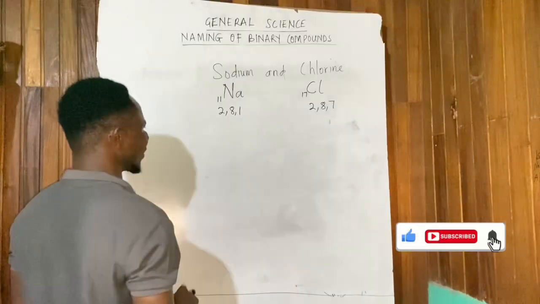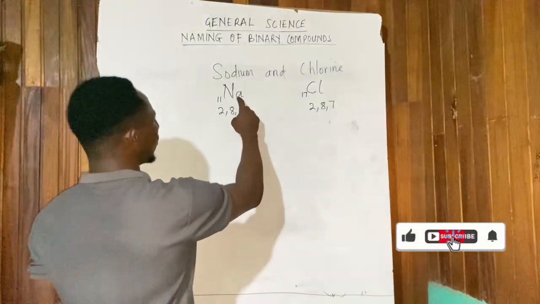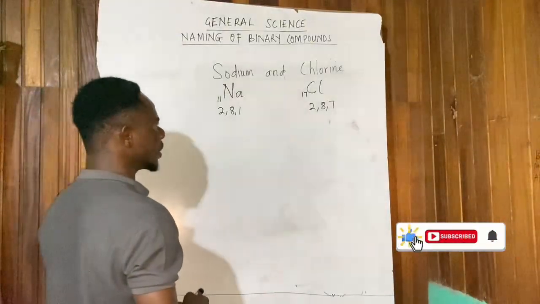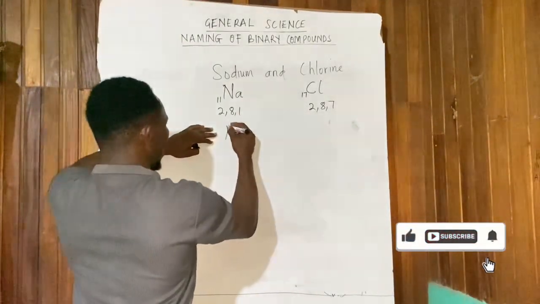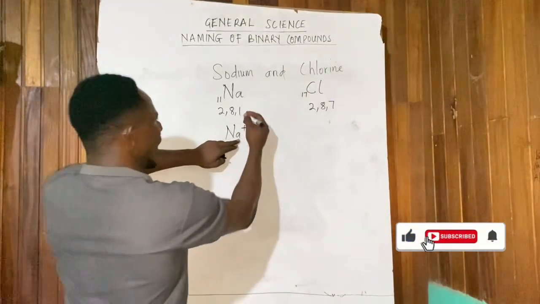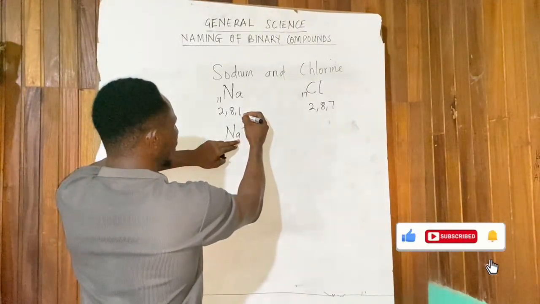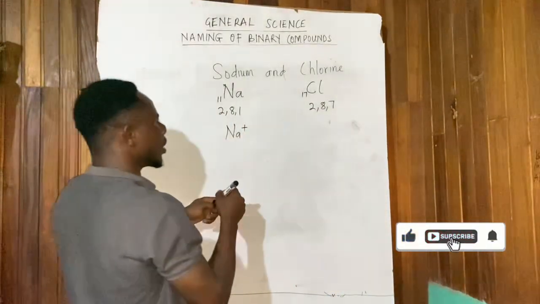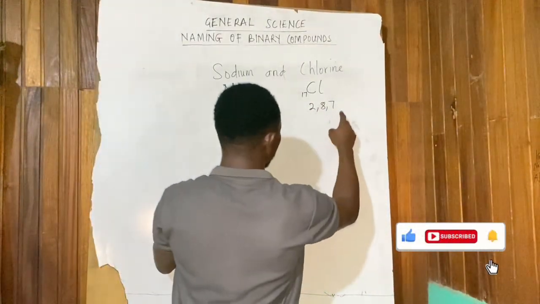Now, the next step: sodium will what? Sodium will donate 1 to become positive, Na+. Sodium will lose this 1 to become positive. Now, chlorine is 2,8,7.